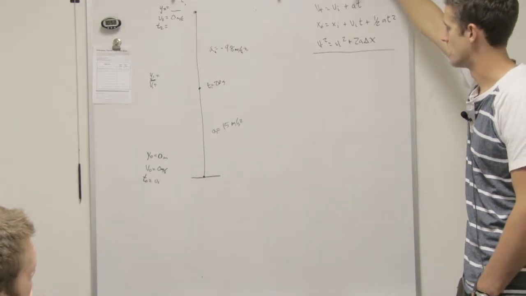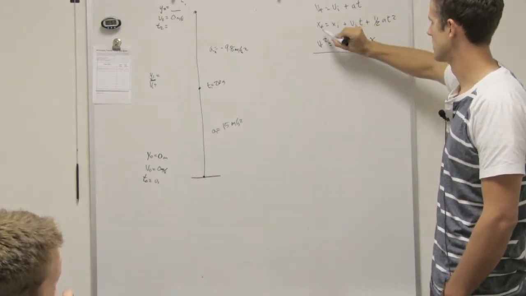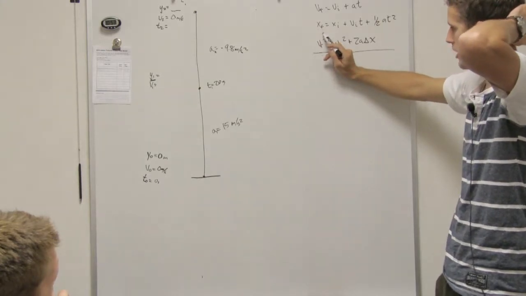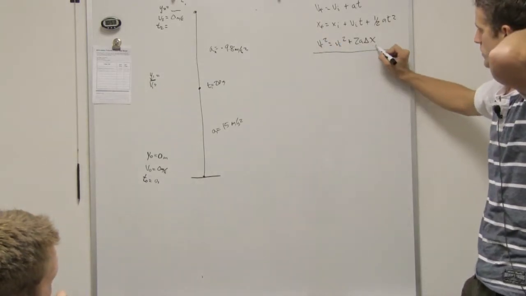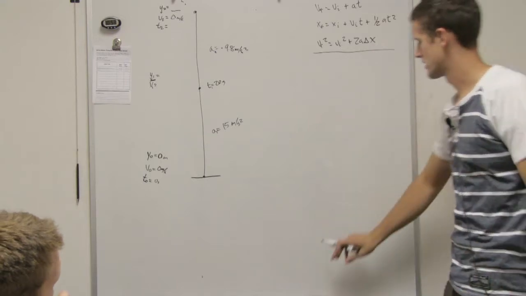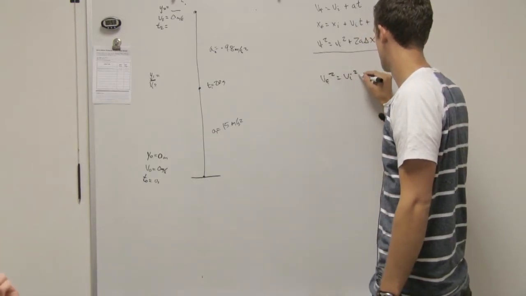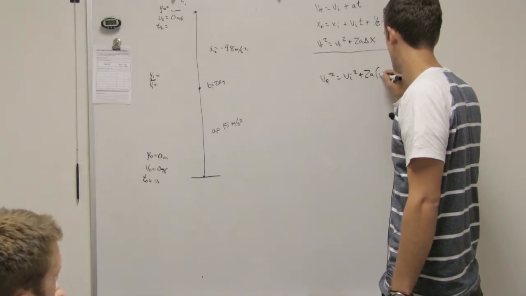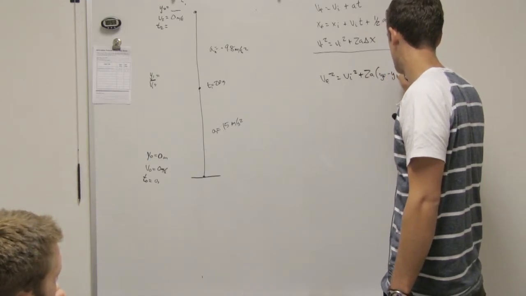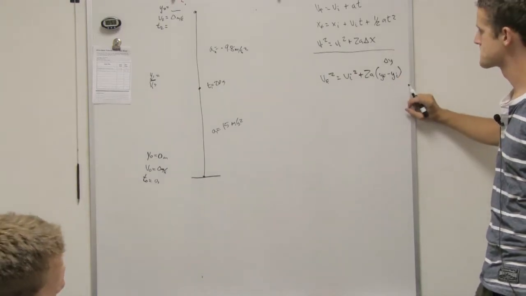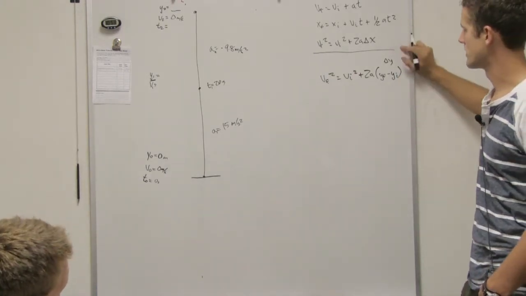No, that doesn't help us. And then you just replace these with y's. So this one has a y final position. And this one also has a y, because you can look at it this way: v final squared equals v initial squared plus 2a times y final minus y initial. That's the same thing as saying delta y. Okay, so you could use one of these two.